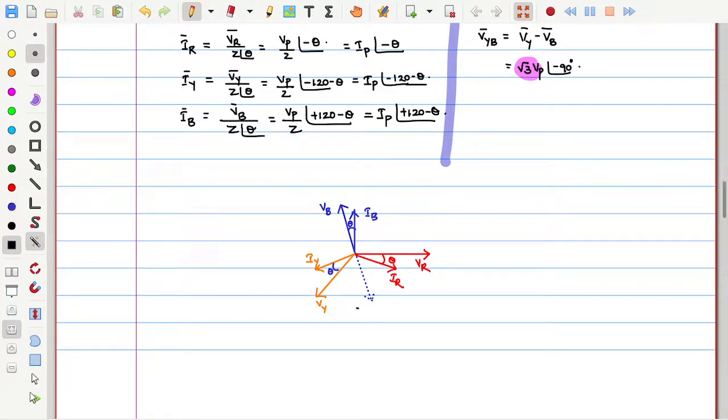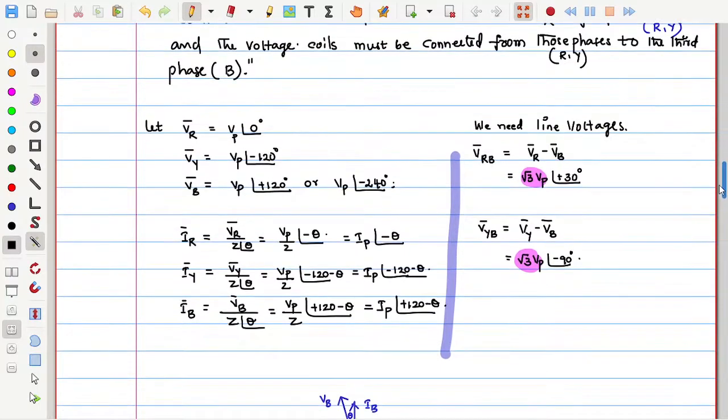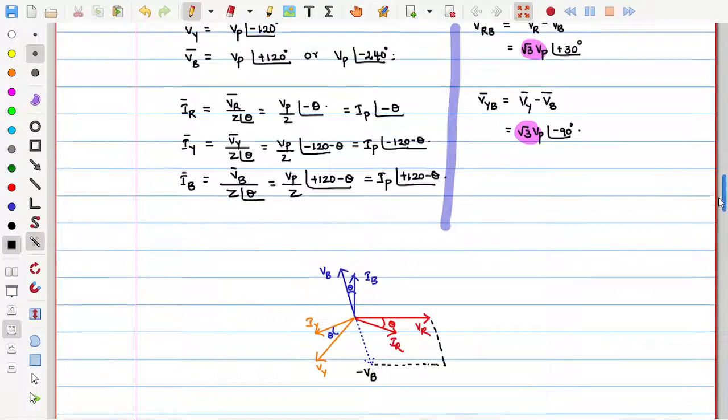Now the addition of these two, that is minus VB plus VR, gives VRB.